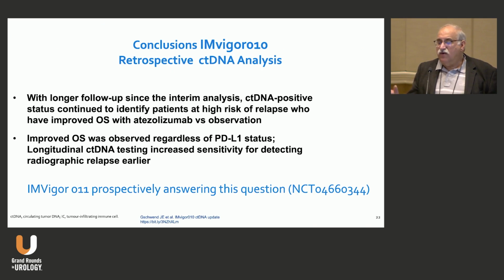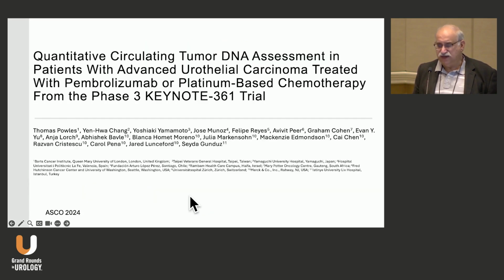So with longer follow-up in the original IMvigor 010 trial, the circulating tumor DNA positive status continued to identify patients at high risk of relapse. And again, IMvigor 011 is going to look at this question more closely.